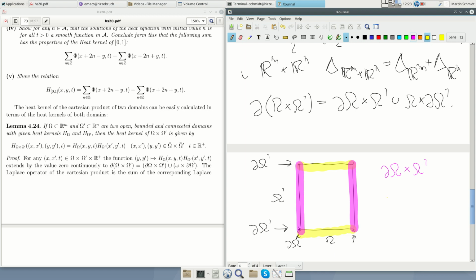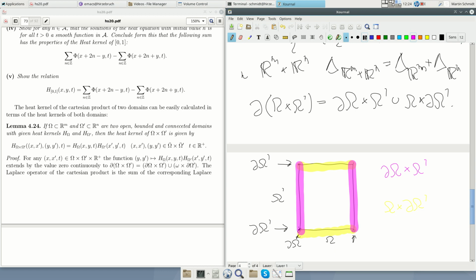And the yellow part is omega cross the boundary of omega prime. It's hard to read. Okay, this is the yellow part. I hope this picture helped to explain this formula.